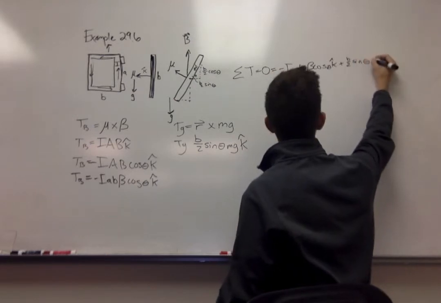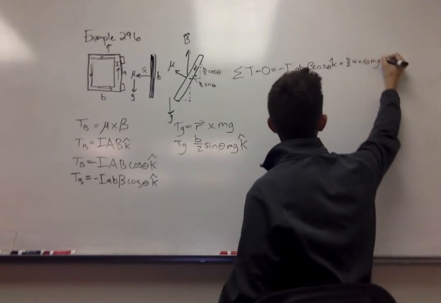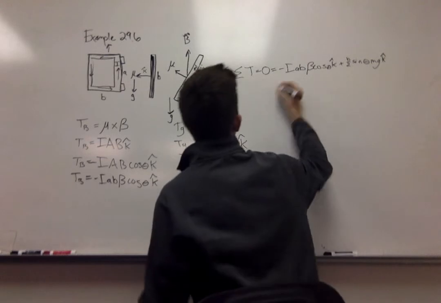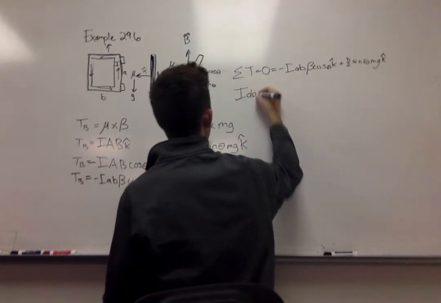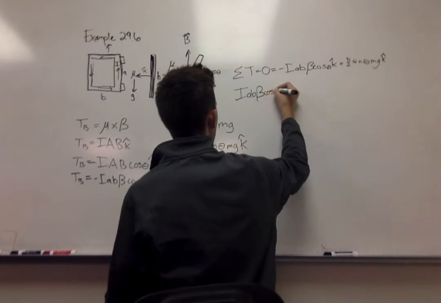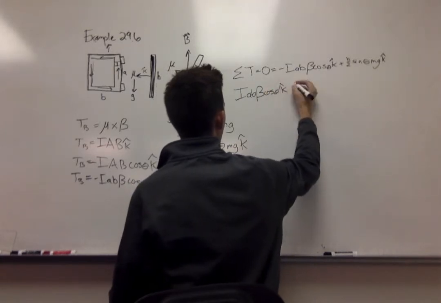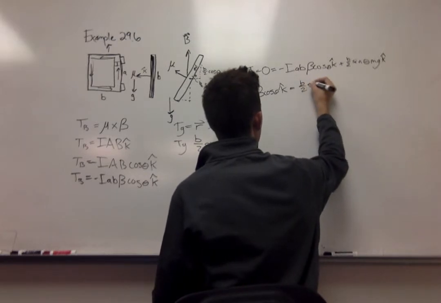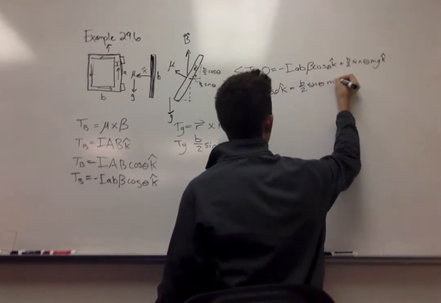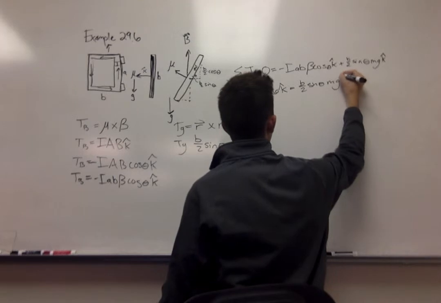Hope you can read my writing. We'll move this guy over to the other side. I A B b cosine theta k hat is equal to b over 2 sine theta mg k hat.